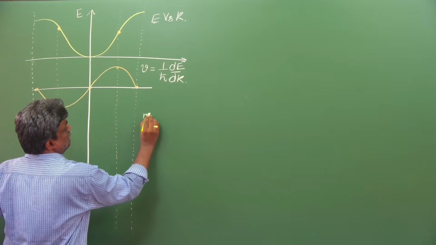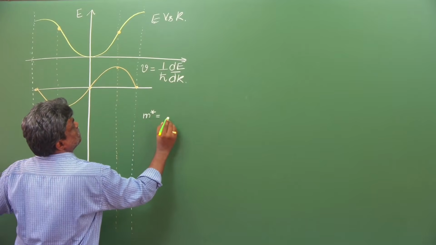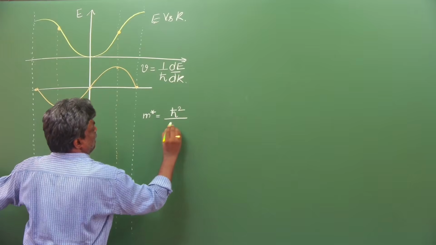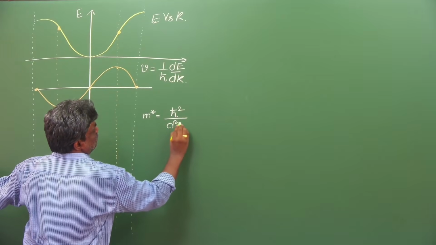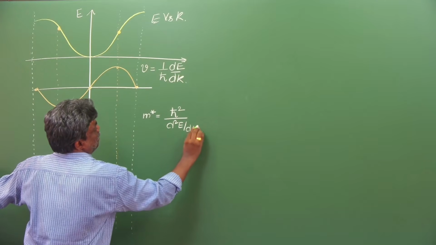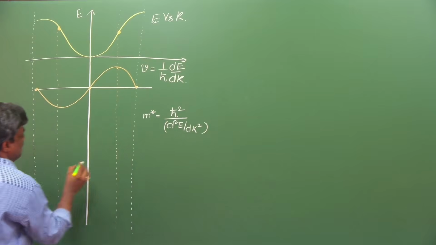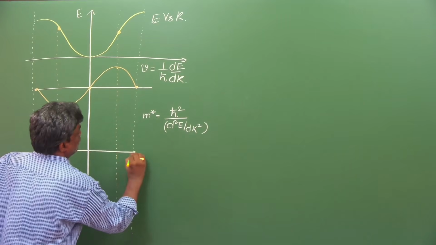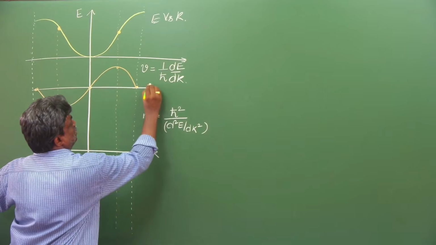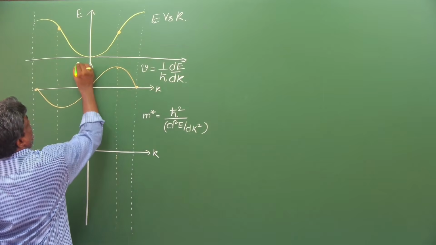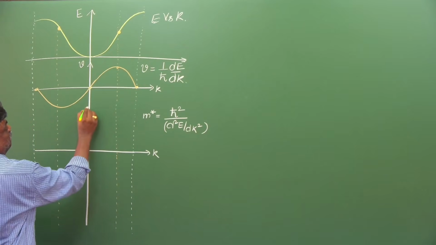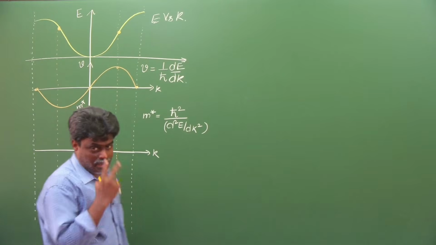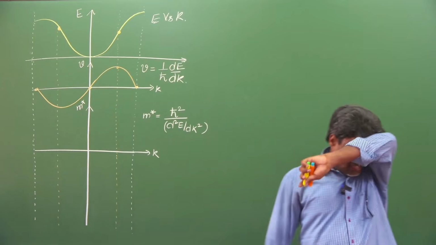Next we have m star, that is the effective mass. Could you please tell me what is the effective mass? H cross square by d square E by dk square. Carefully please listen. Now this is the k-axis as usual. This is the velocity graph, and here we are going to draw the graph of m star versus k. Carefully observe please.